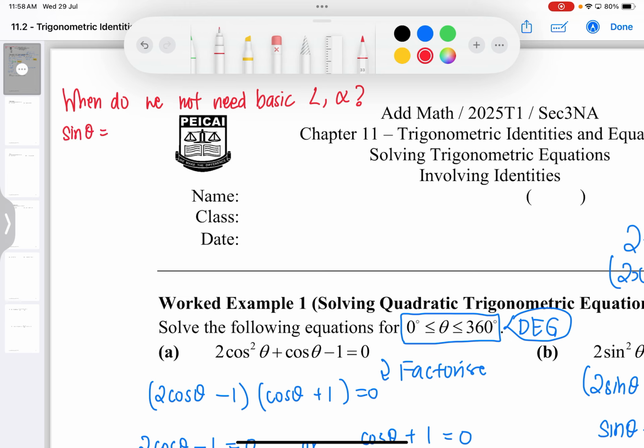Sine theta equals 0, no need. Sine theta equals 1, sine theta equals negative 1, these three all no need. Cosine theta equals 0, also no need. Cosine theta equals 1, cosine theta equals negative 1, all no need.